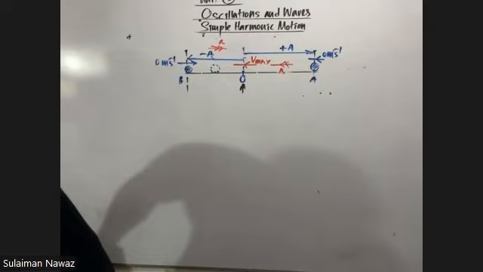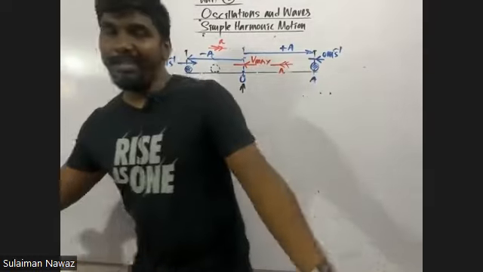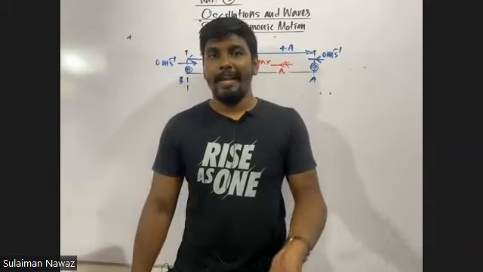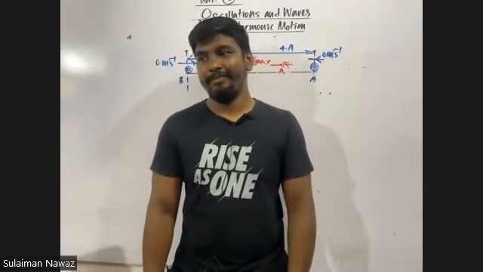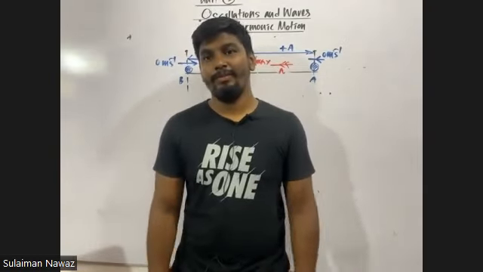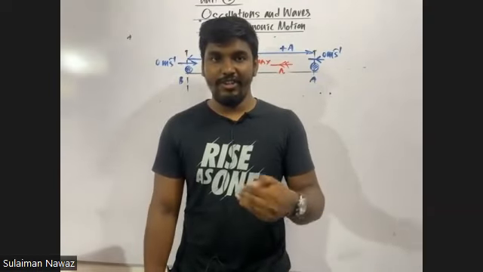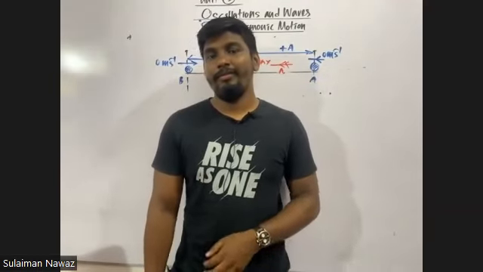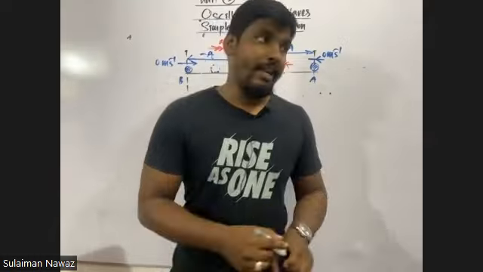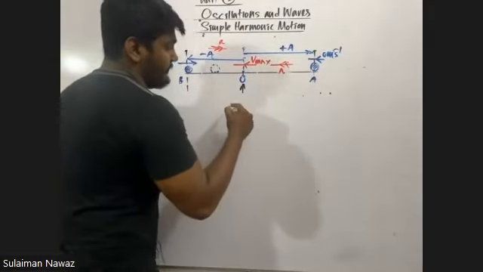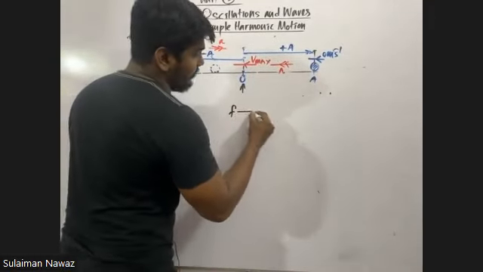Next line: time taken for one oscillation equals how much? Now, the time taken for simple f number of oscillations is 1 second.